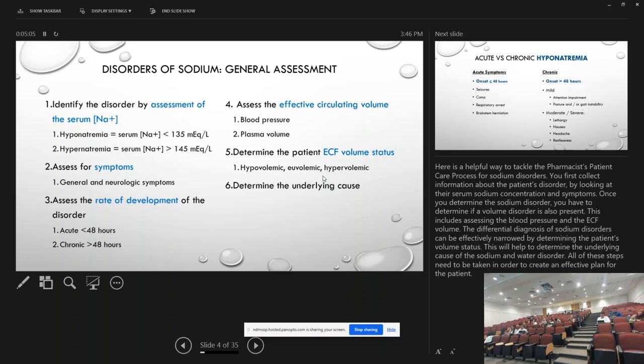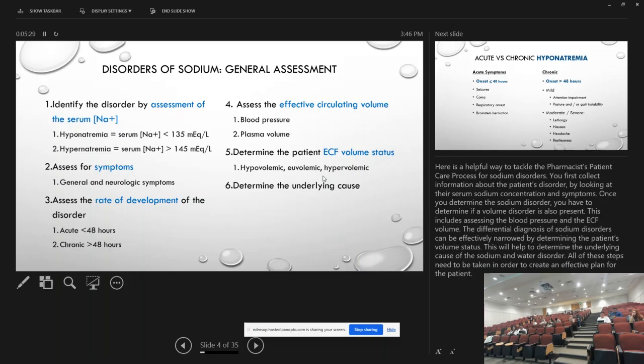Whenever you identify a sodium disorder, always think of the brain and symptoms that are related to the brain. Severe symptoms would be things like seizures and coma, and that's with the very high derangements of sodium levels. But always think of the brain with sodium, okay?